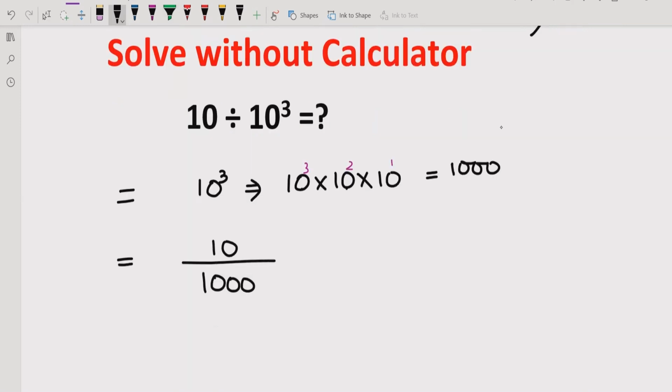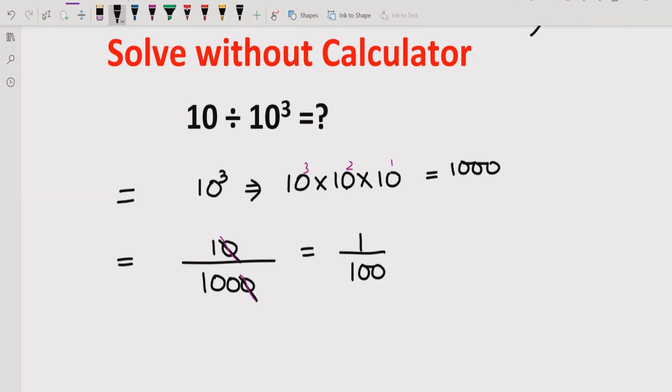If you see the zeros here, you cancel one zero from this, or you can say one zero cancels from this, so you get the answer 1 divided by 100, right? And sometimes it's not necessary to use the calculator to solve this type of question.